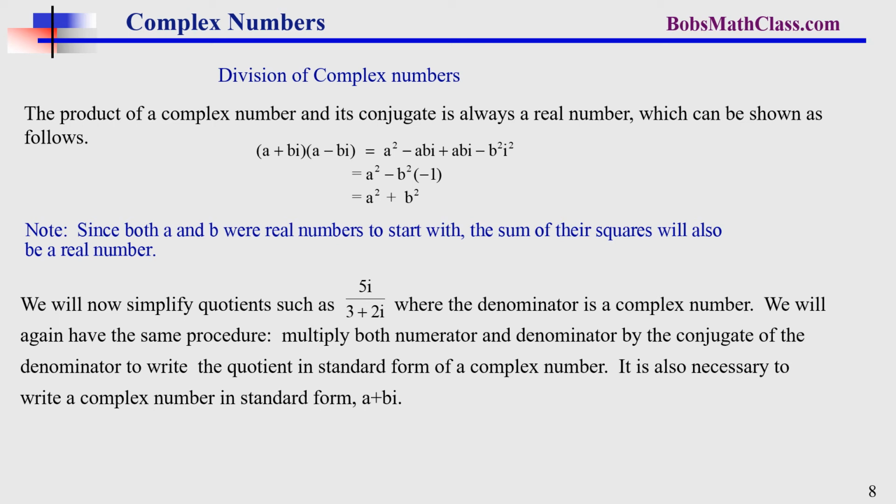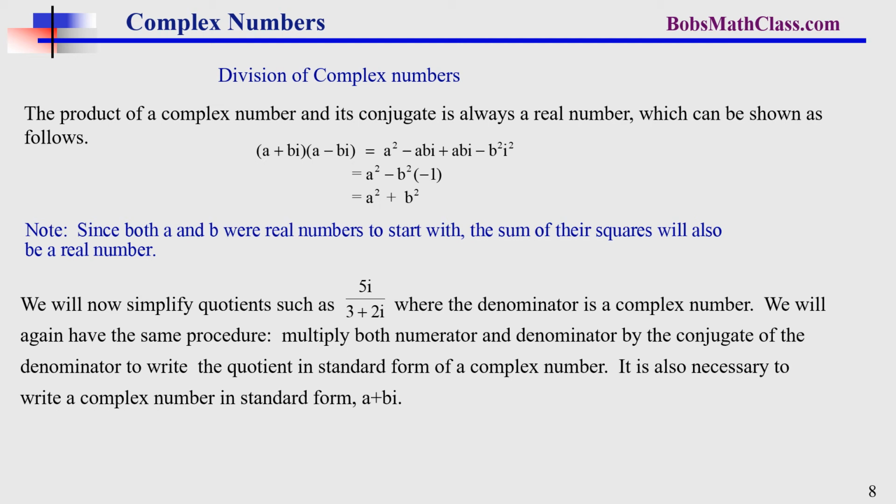Now we're going to talk about division of complex numbers, which really means fractions. The product of a complex number and its conjugate is always a real number. Remember the word conjugate? We used it when we had radicals, specifically square roots, in the denominator.